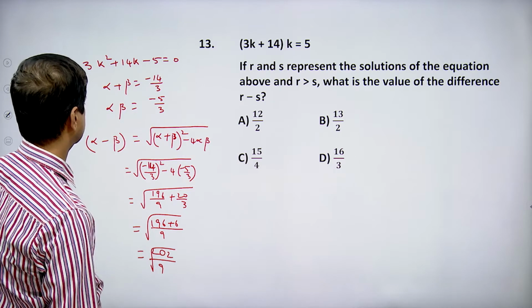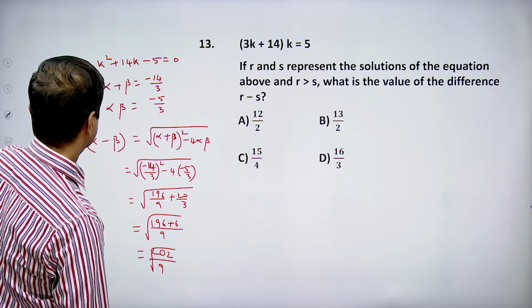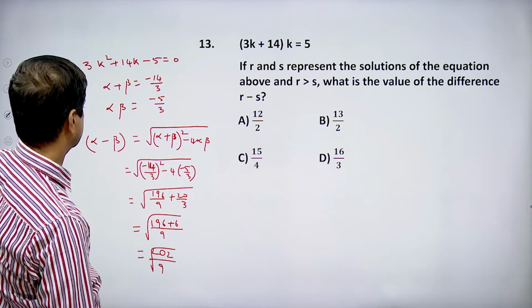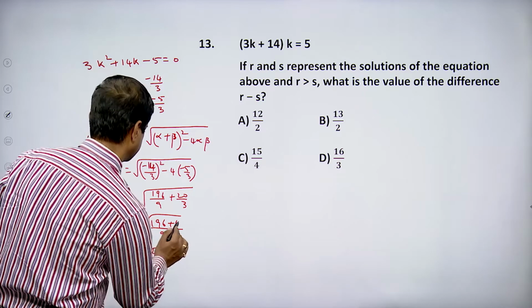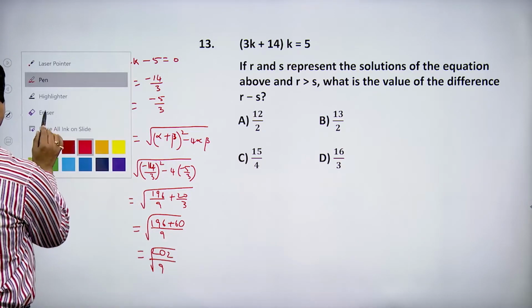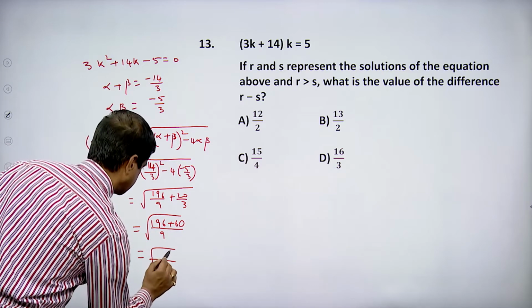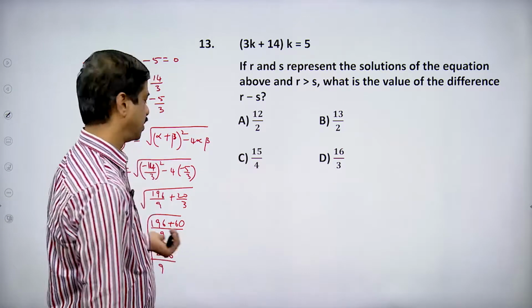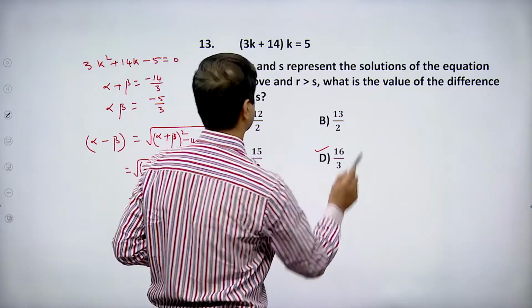So alpha minus beta is root of alpha plus beta whole square, so minus 14 by 3 whole square, that is 196 by 9, and minus 4 into minus 5 by 3, that is plus 20 by 3, which is 60 by 9. So 196 plus 60 is 256. So 256 root we have, that is nothing but 16 by root 9 is 3, 16 by 3, option D.